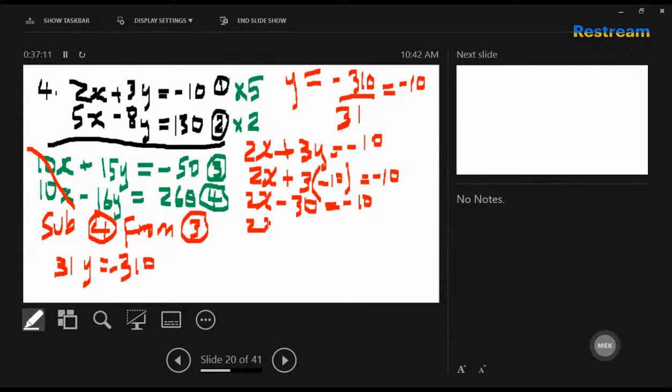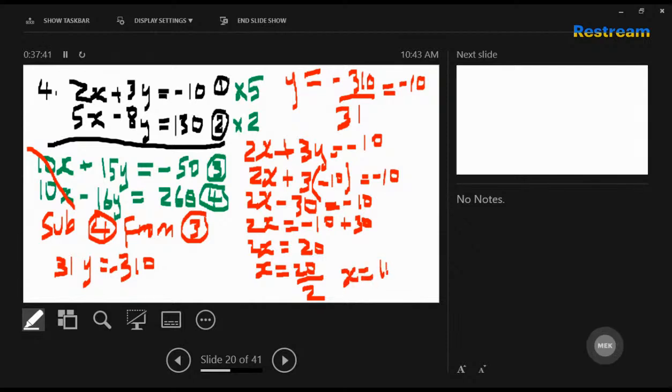So 2x is equal to negative 10 plus 30, which is 20. So if 2x is equal to 20, then clearly x will be equal to 20 divided by 2. So x is 10. So our solution is y is negative 10 and x is positive 10.